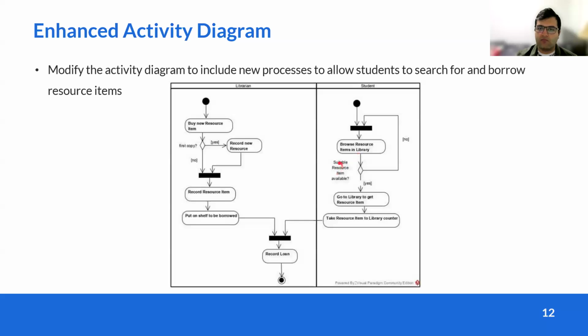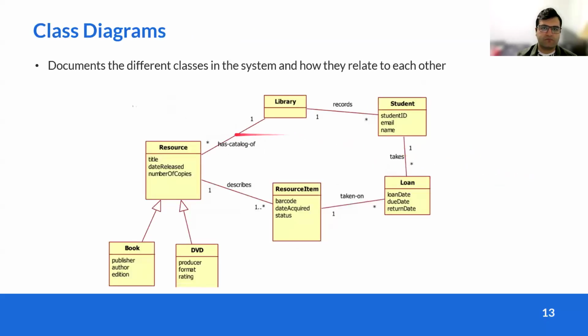Is the resource item available? If yes, then they go to the library to borrow it and take it from the counter, and their loan is recorded. If it's not available, then they can search for something else.